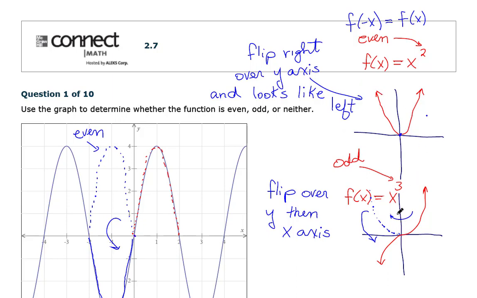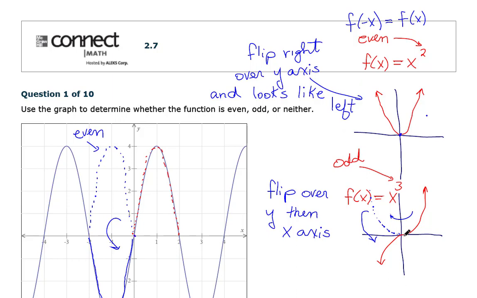Now with x cubed, that's an odd power. Now notice if I flip this around the y-axis, it would look like this piece in blue, but that doesn't look like what we have on the left. But if you take that piece then and flip it down around the x-axis, it would look like that part.